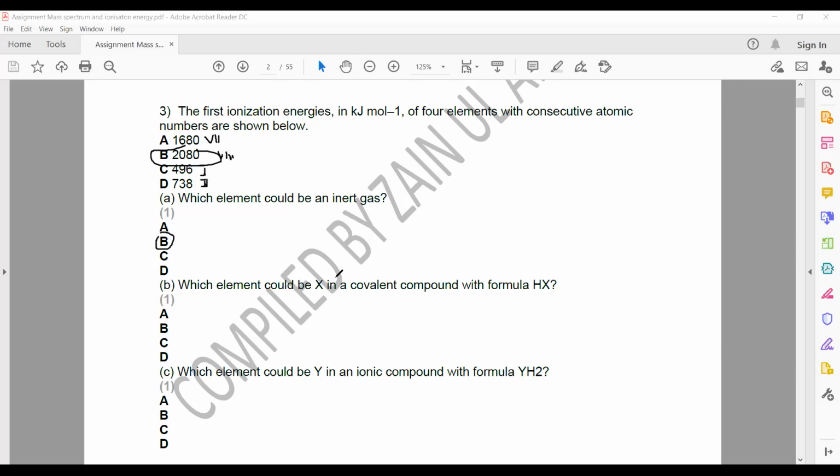Which element could be X in a covalent compound with the formula XH, which is a non-metal and can form a covalent compound? A, B, C, or D? What's the answer?